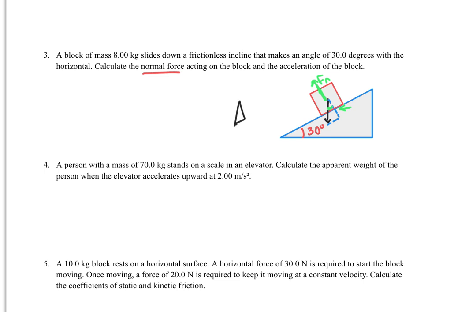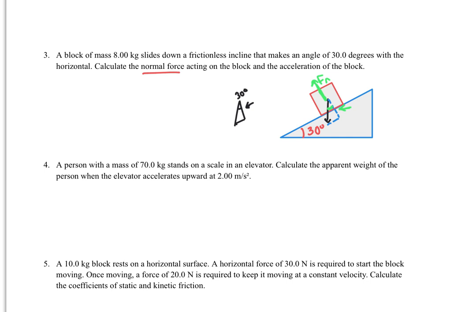When I'm trying to solve for this right here, I have an angle of 30 degrees and I know the force of gravity. How do I know the force of gravity? Well, because the force of gravity is always mass times 9.81. And I'm going to use a positive 9.81 here because I'm trying to find normal force, which is going to be working against gravity. Okay? Right?